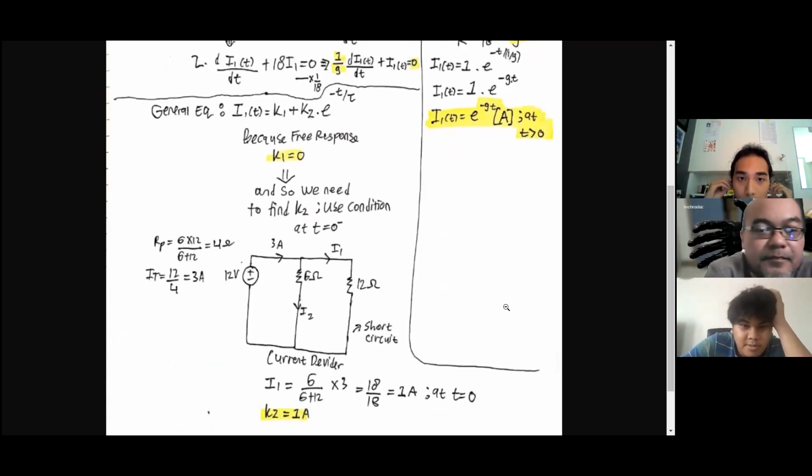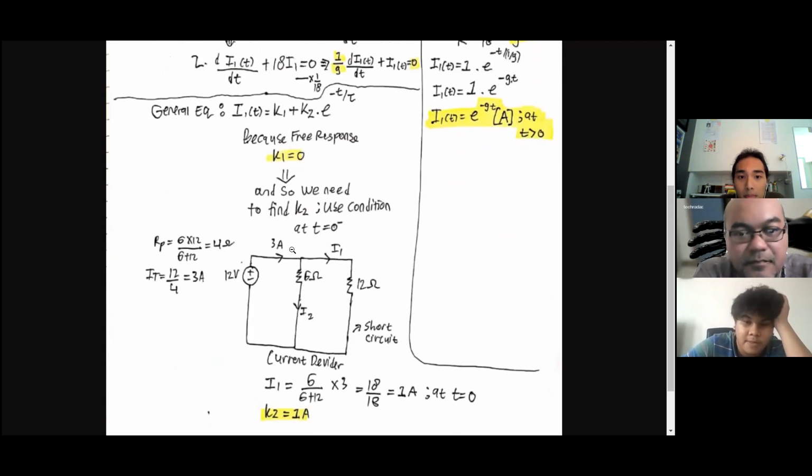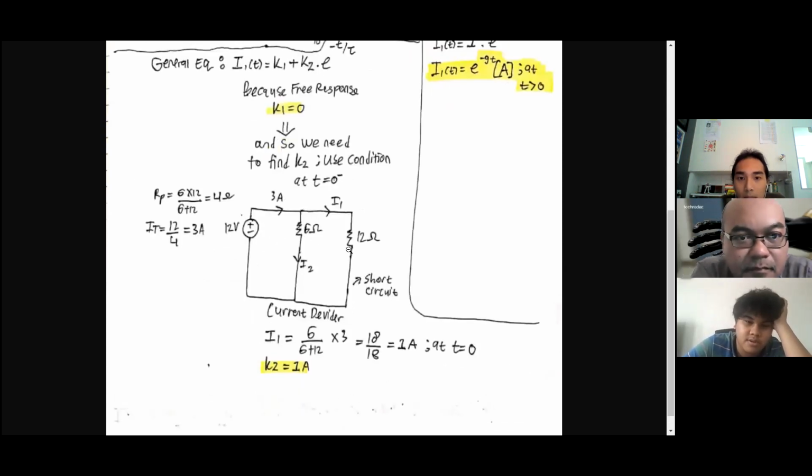So the next step is to find the K2. We use the condition where t equals 0 minus. First, we have to find the current. Here the resistors are in parallel, so we use this calculation. We find the parallel resistance is 4 ohm.